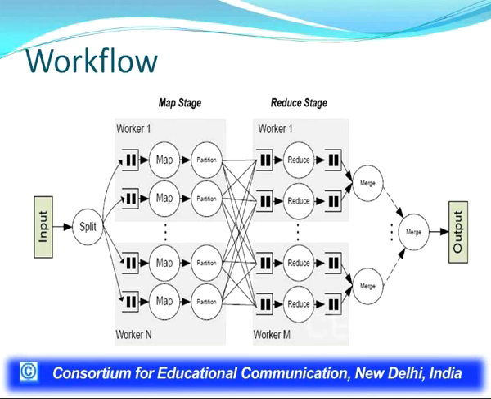Then it is reduced, the tasks are assigned to different workers, and ultimately all that activity is merged and we get the output. After getting input, the task is split into different map segments and reduced, and then you get the output. The result is merged together.